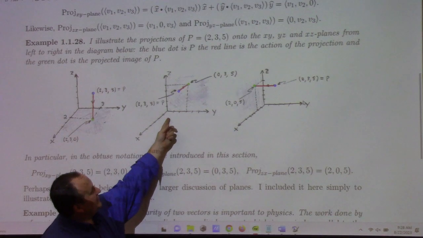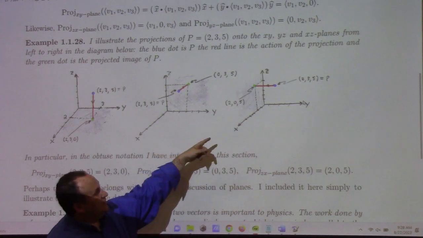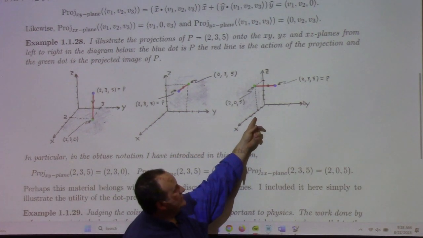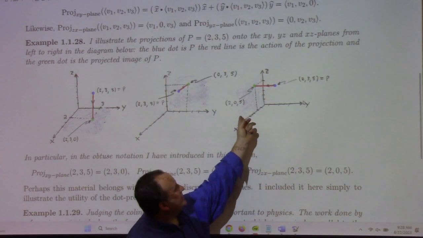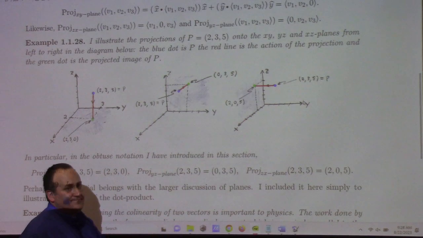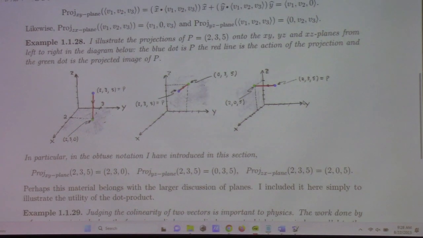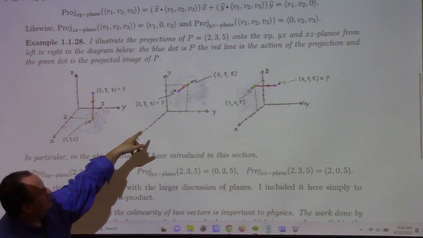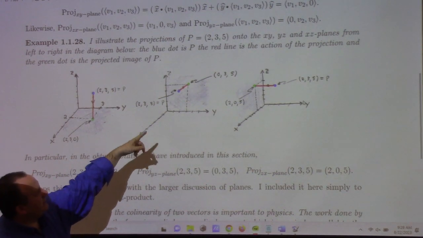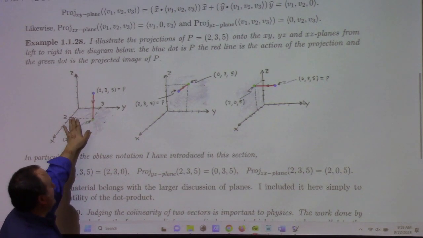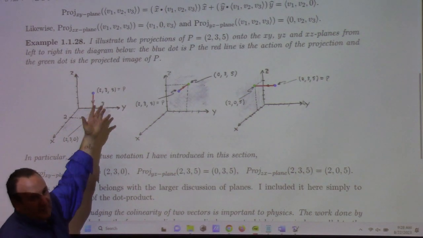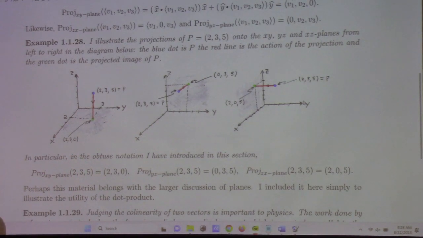Or that this is length 3 from the xz plane. That's 2 from the yz plane. It's the one you're not using that's determining the distance, right? The distance from the xy plane to that point is determined by the z component. It's funny the way that is.